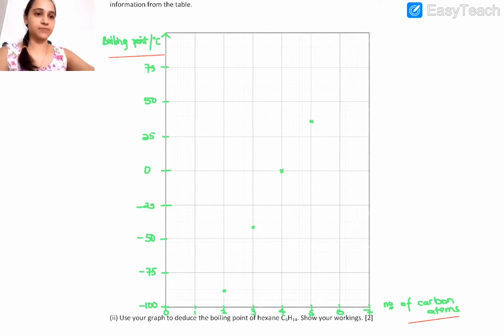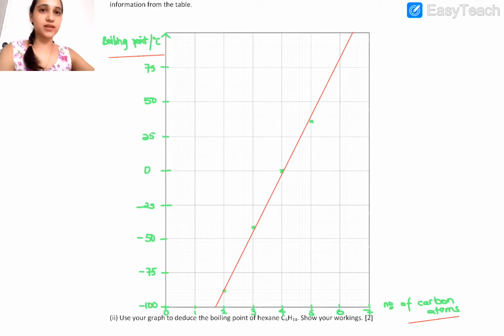Now you'll need to join all the points using a straight line. That's the line of best fit that I've chosen to draw. I have one point on top of the line, one at the bottom of the line, one almost nearly there, and one on the line. So that's a line of best fit.